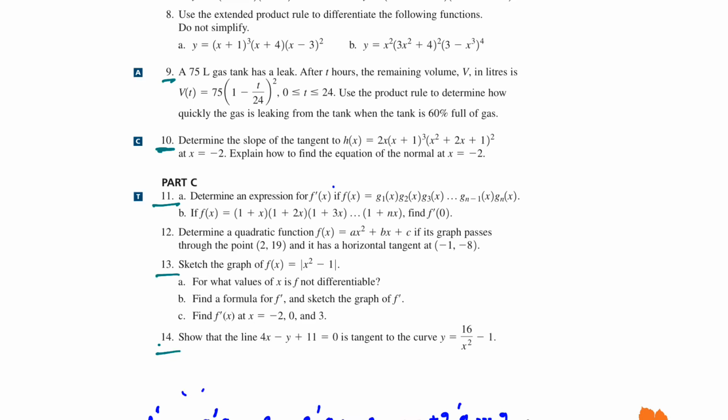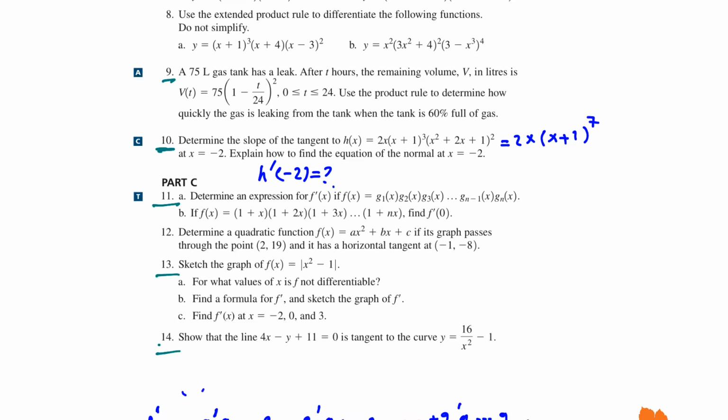Determine the slope of the tangent line to h of x equals 2x times x plus 1 to the power of 3 times x^2 plus 2x plus 1 to the power of 2 at x equals negative 2. We're basically looking for h prime of negative 2. The function can be simplified as 2x times x plus 1 to the power of 7.